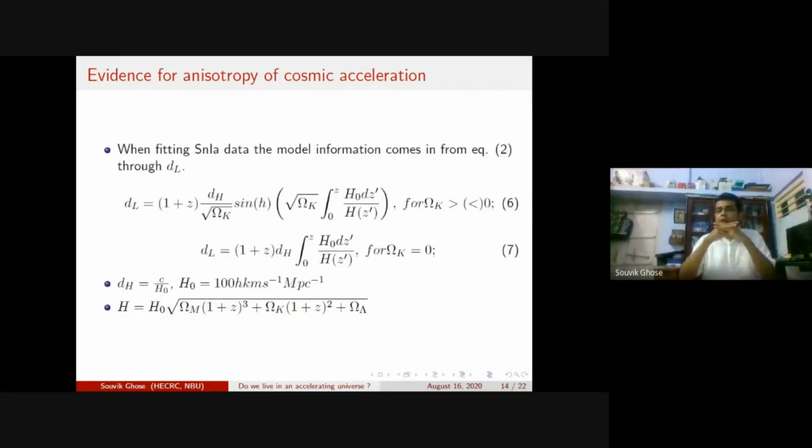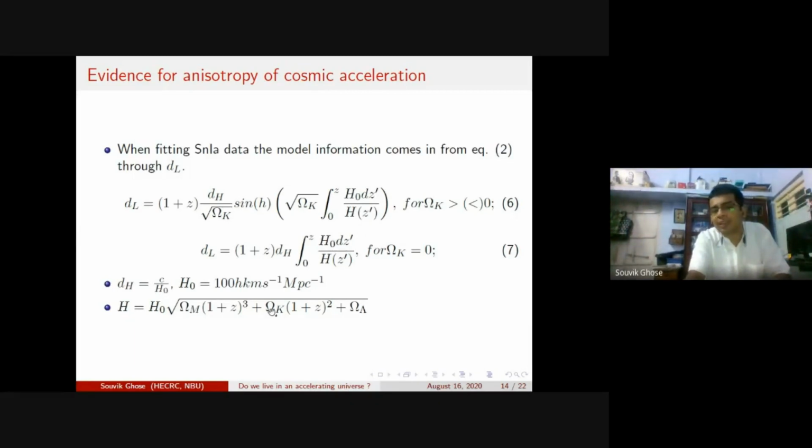So when fitting supernova data, the model information comes from equation 2 through D_L. Remember that equation that contains D_L, the luminosity distance. The model information comes like this. D_L is given by this formula. This is the Hubble value at the present epoch. This is Hubble at a particular redshift. They have to be integrated, but from the Friedmann equations, we know that Hubble is like this.